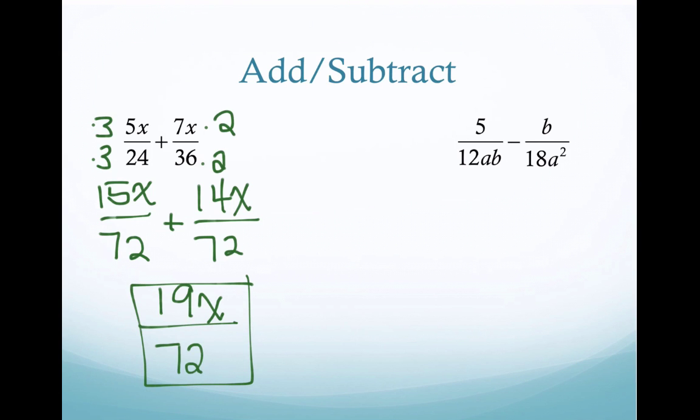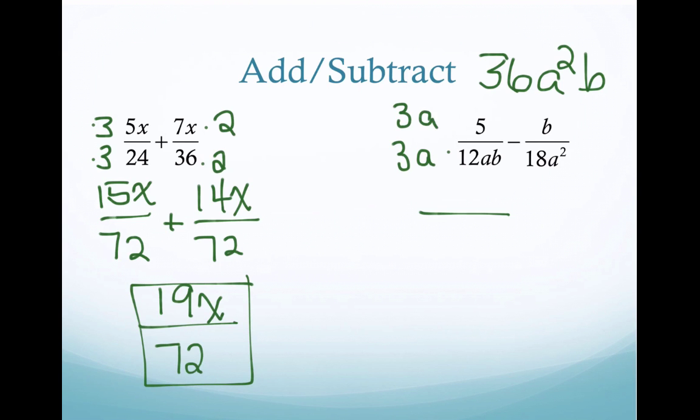In the second example, we found that our LCD is going to be 36a squared b. So if I want that first fraction to have a denominator of 36a squared b, I'm going to need to multiply by 3a, top and bottom.